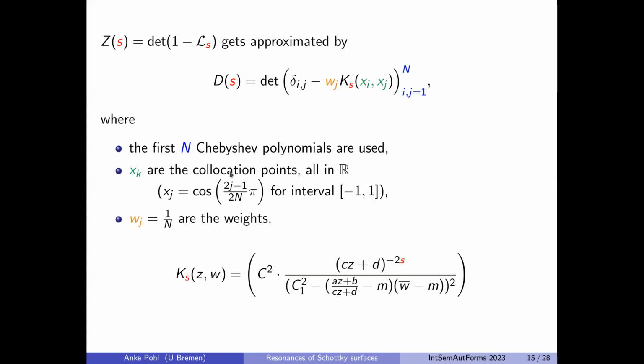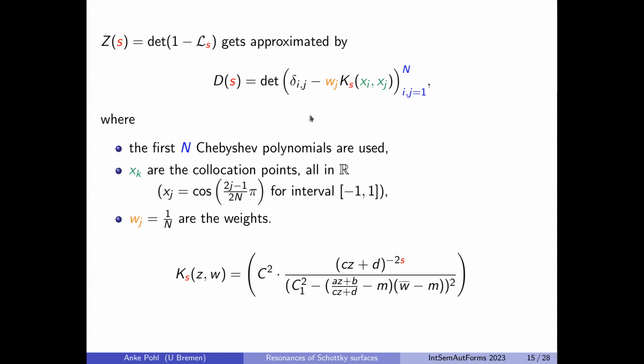We use, of course, the Chebyshev collocation points, which, for those who are interested, are these cosine values here. And note they are all just sitting on the interval, so we are not calculating on the upper half plane, we only calculate in R.